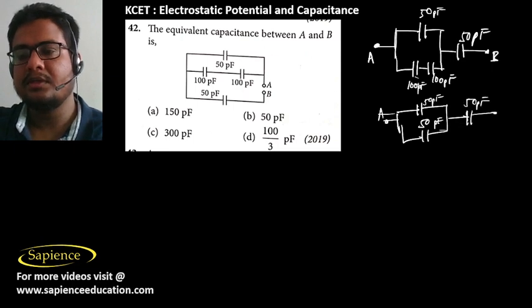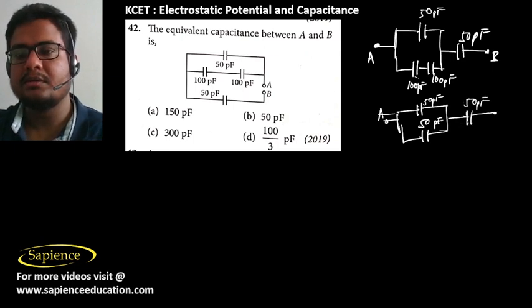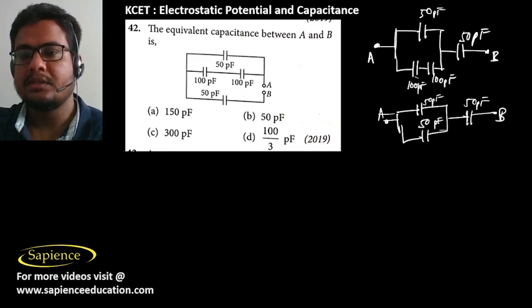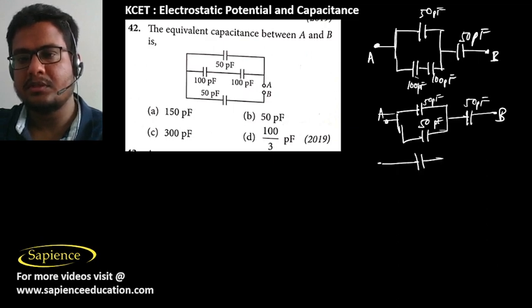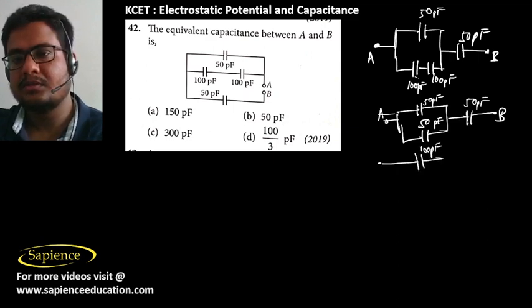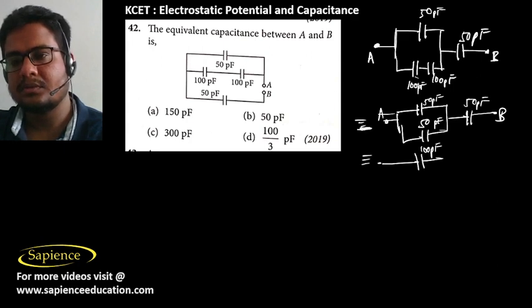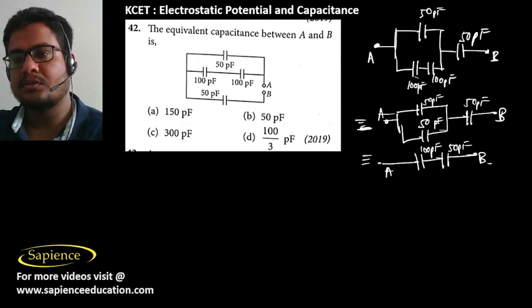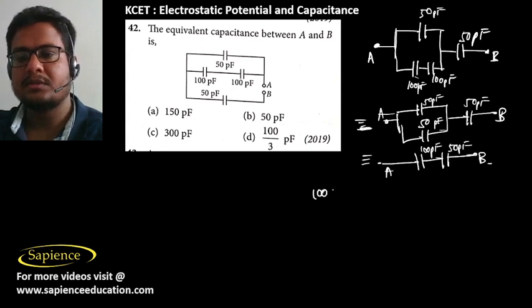So 50 and 50 are connected in parallel; that is why their equivalent is 100 picofarad. Then 100 and 50 are in series, with this being B.